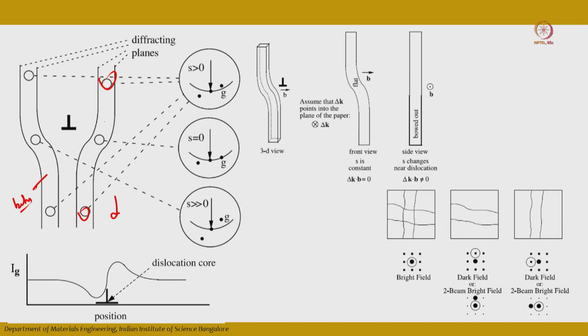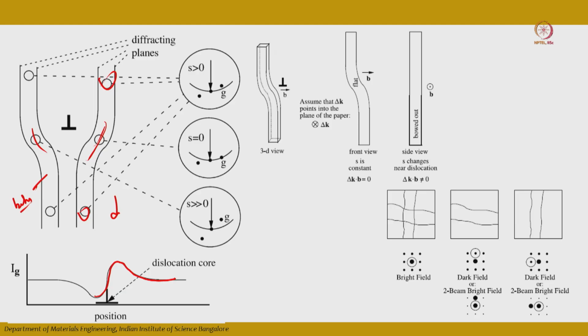But due to the bent nature of the planes near the dislocation, S is equal to 0 at those bending regions. So what will happen? You will see a change in contrast in the diffracted intensity. Fine. So this can be used to identify the conditions where these dislocations will be invisible or not.